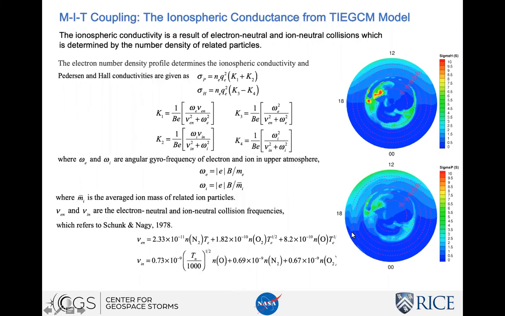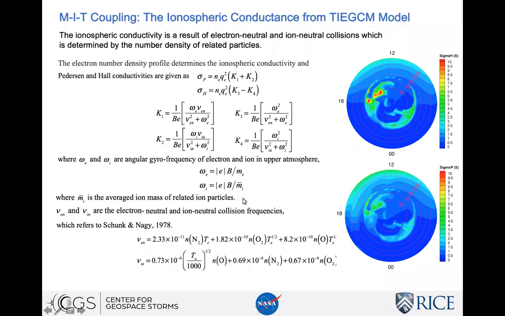Once you have the ionization rate, the electron ion density can be tracked and used for the calculation of more self-consistent and realistic ionosphere conductivity.